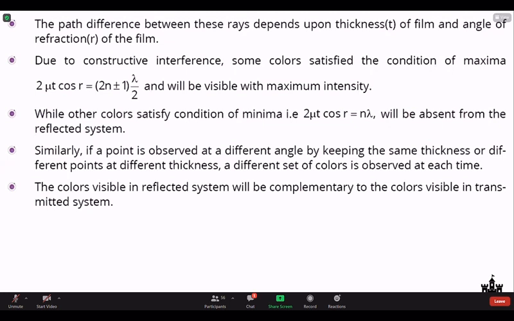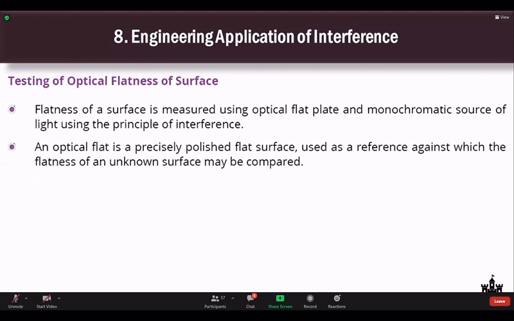This can be an application, or in real life you can have multiple colors on the same object just by changing the thickness. This is for the reflected light system, and all the colors will be complementary for the transmitted system.